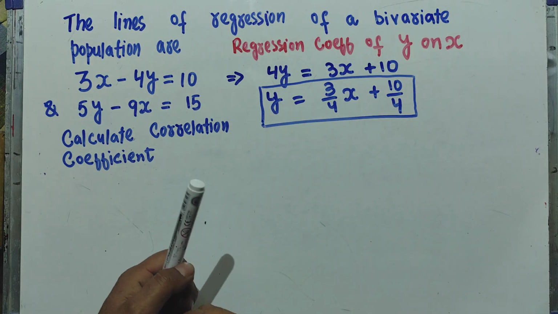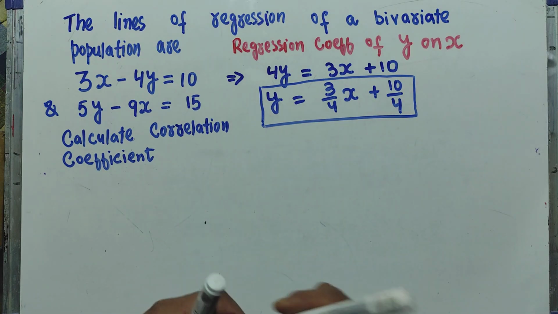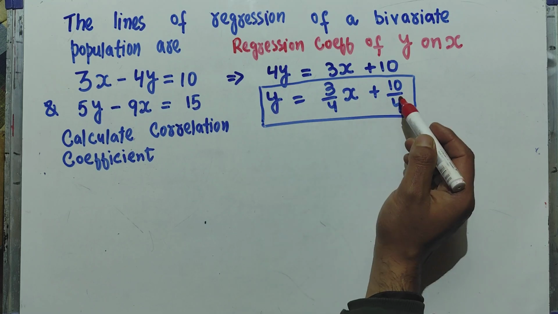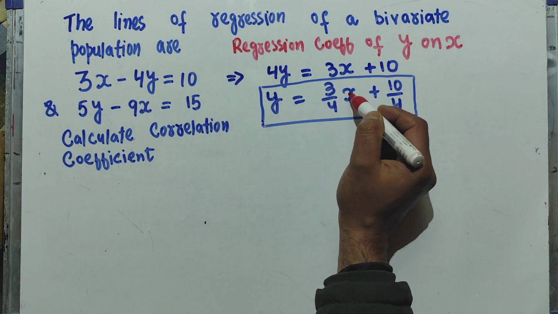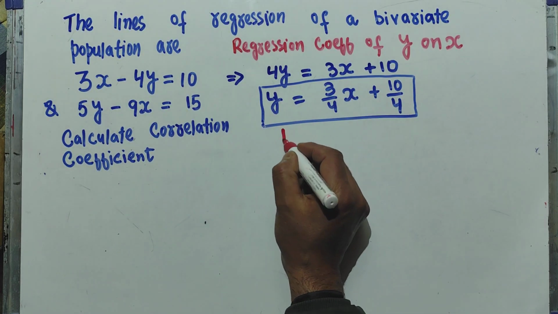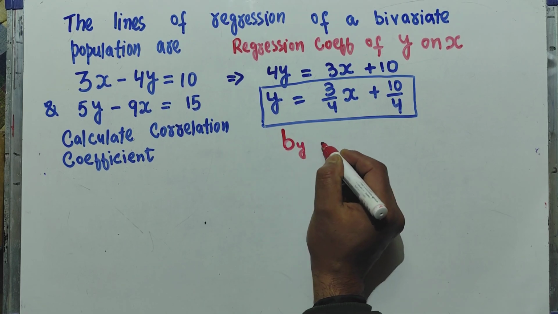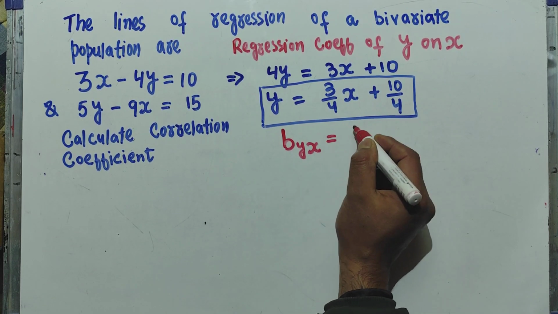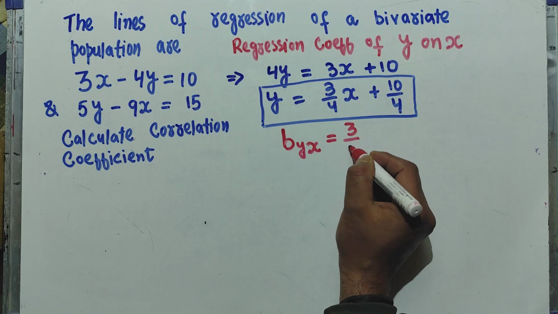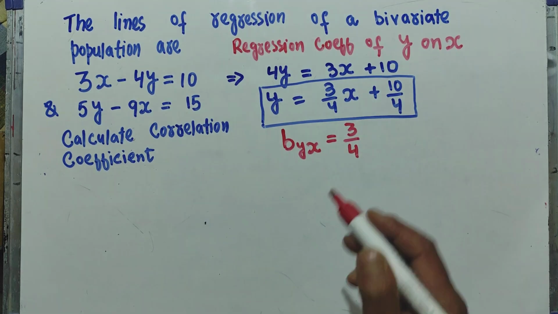So what is the regression coefficient of y on x here? It is the coefficient of x. So byx will be equal to 3 upon 4.